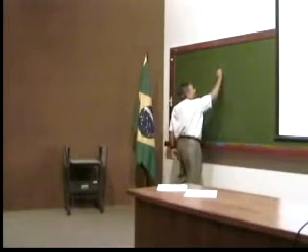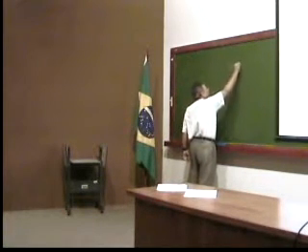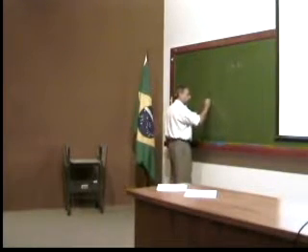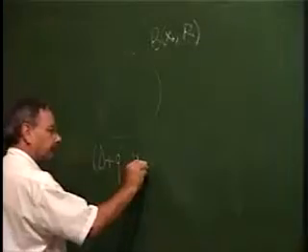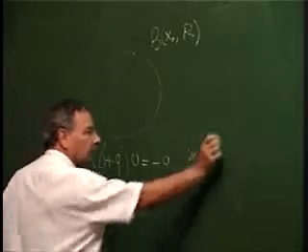To prove that 2 implies 3, the idea is as follows. So you take omega, say I will take a ball with radius r, and then you solve in the ball.